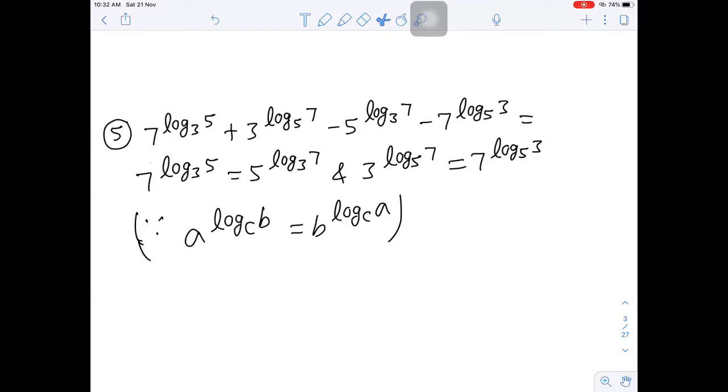So 7 and 5 got interchanged. Similarly here you have 3 and 7, and here 7 and 3 got interchanged, and base is same. Over here also base is same, 3 and 3, here also base is same, 5 and 5. So they are equal. Now if they are equal, then 7 to power log 5 and 5 to power log 7 will get cancelled. Similarly 3 to power log 7 and 7 to power log 3 will get cancelled. Then the answer would be 0.